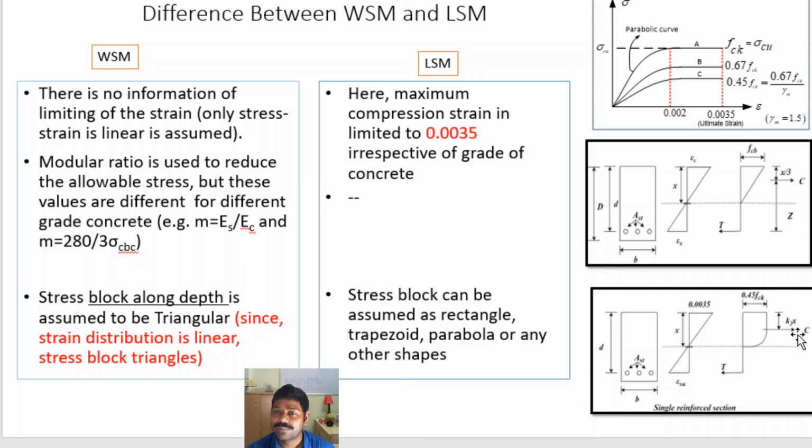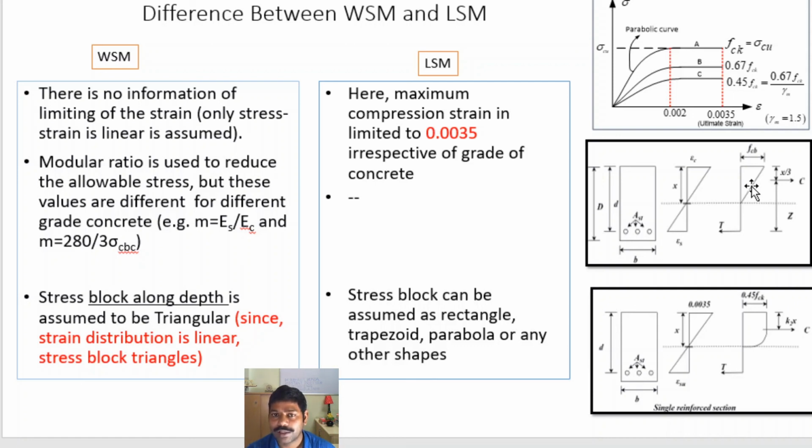So what is the difference between the working stress method and the limit state method? From the diagram it will be easy for you. We are representing the total effect of the compressive force which concrete can carry by the term C. Here, if you calculate half b into depth, that will be your area, and with stress fck, that will be the total compressive force carried by the concrete.